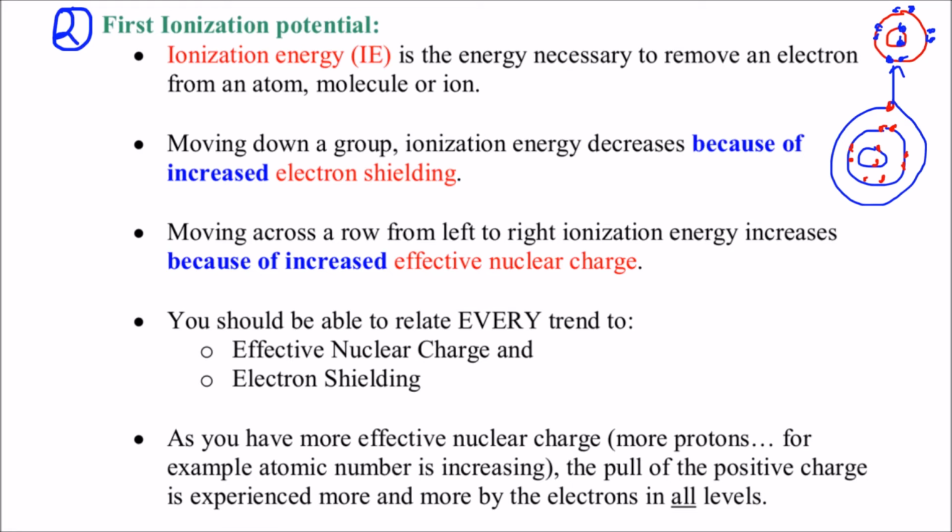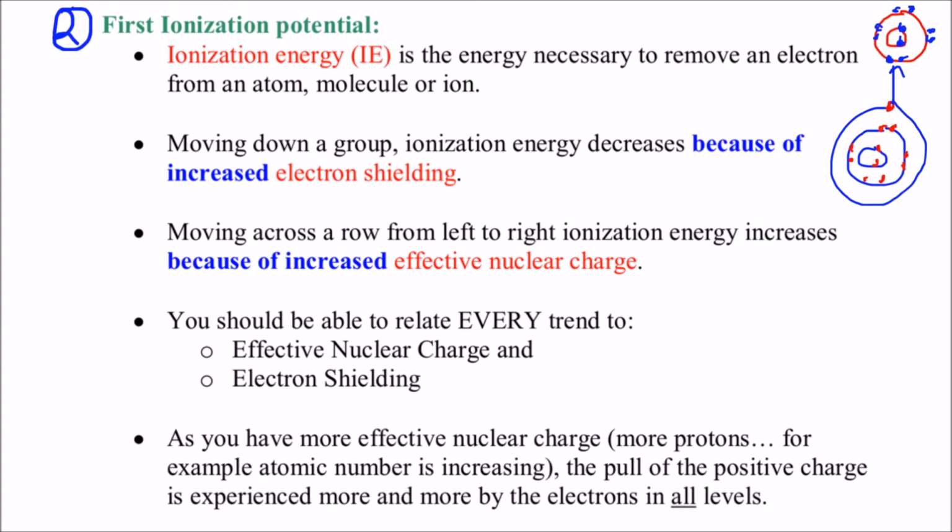Now if you move across a row from left to right, the ionization energy is going to increase because you have an increased amount of nuclear charge. What if we bumped up the number of protons in the nucleus?